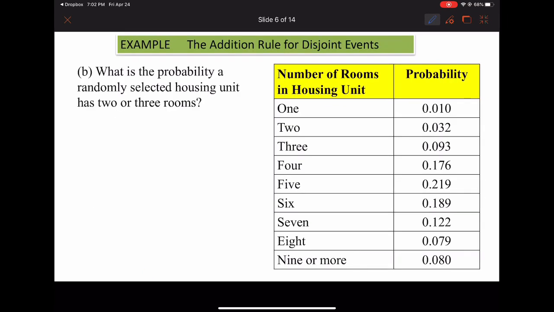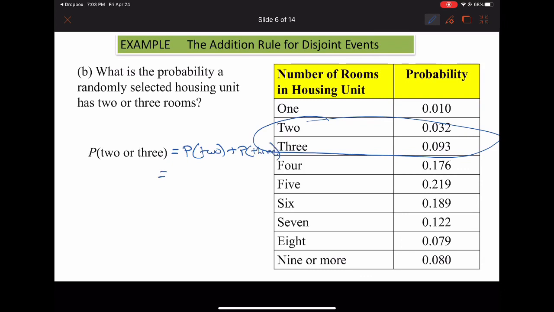Okay, so let's talk about how we use the addition rule here. We know that this is a probability model. We want to know the probability that a randomly selected housing unit has 2 or 3 rooms. There's no house that's going to have both only 2 rooms and only 3 rooms. So I'm going to look at these two right here. I'm looking at the probability of 2 or 3, so I'm going to add the probability of 2 plus the probability of 3.